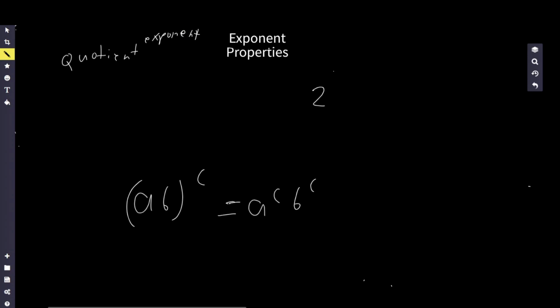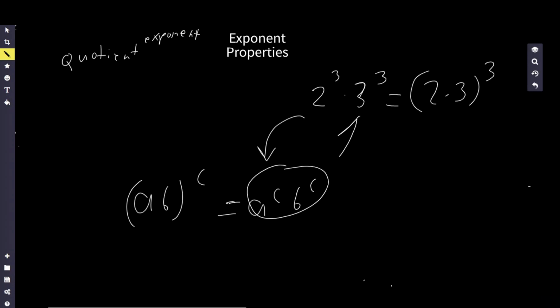If we have like 2 cubed times 3 cubed, that's a to some exponent times b to that same exponent. So this follows our pattern here. So we can go in the reverse direction and make this 2 times 3, cubed. So we're taking this pattern, this maps to this. So then we just follow that pattern and made it go to this form here.